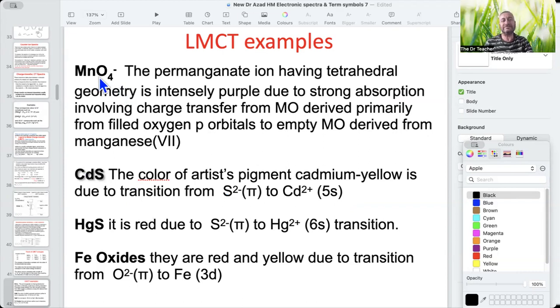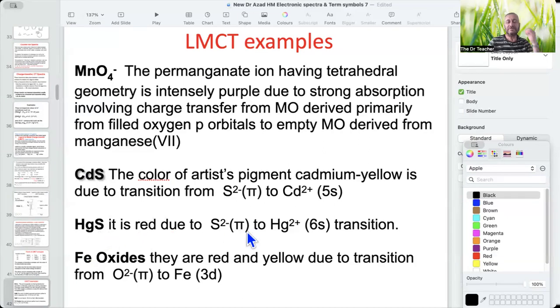Here, permanganate, we have charge transfer from the oxygen to the manganese, from pi. Here we have the sulfur to mercury, pi.